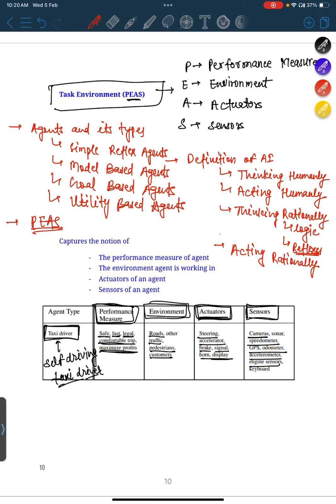Now that we know the basic concepts like definitions and agents, we'll talk about how our agents work, how the model is generated and how the agent takes decisions. We'll talk about the brain part of the agent, what's happening in the brain of the agent. Okay, so with that, let's end the lecture here.